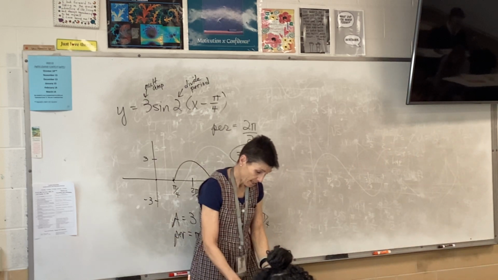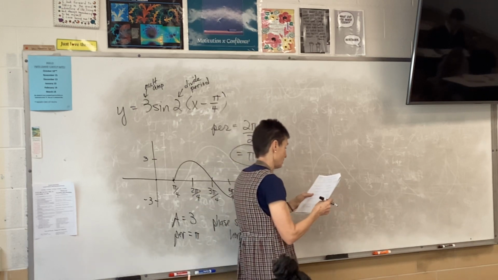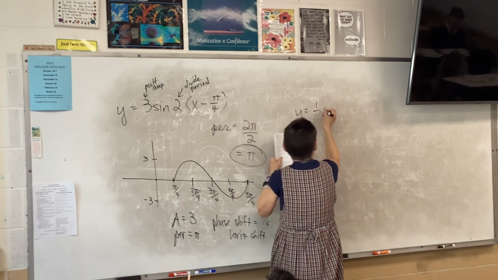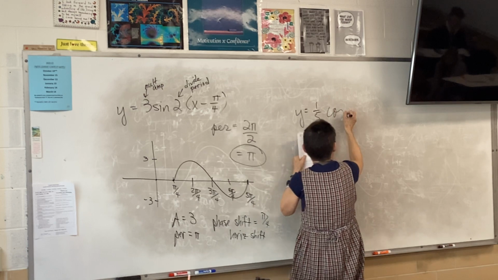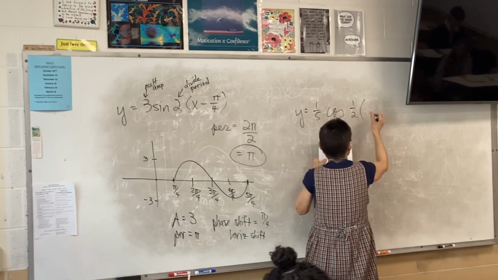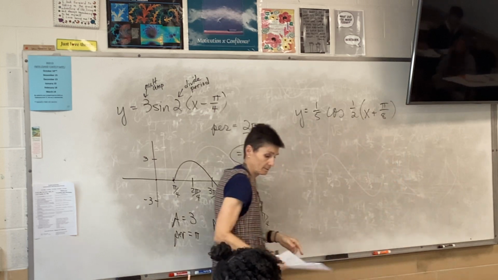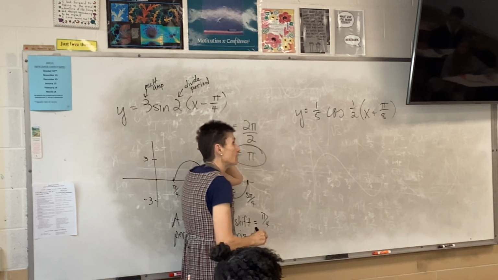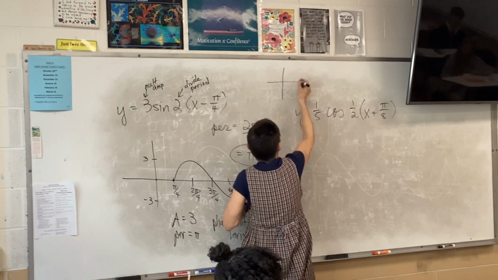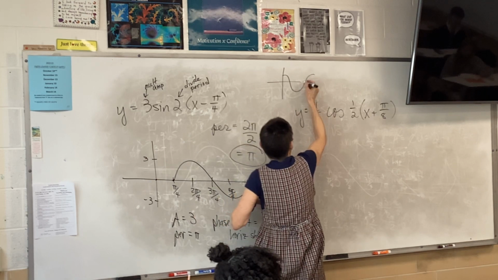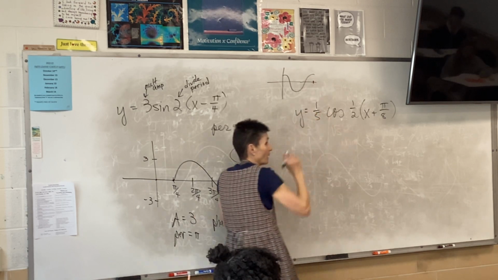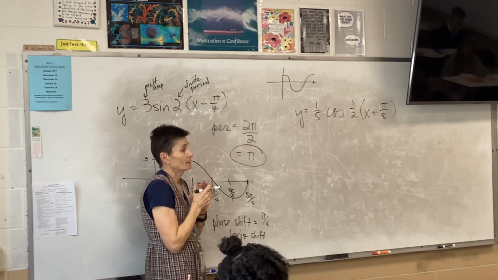All right, what's next? 1/5 cosine 1/2 x plus pi over 8. This is a cosine. Again, I just like to have in my memory what that's drawing.